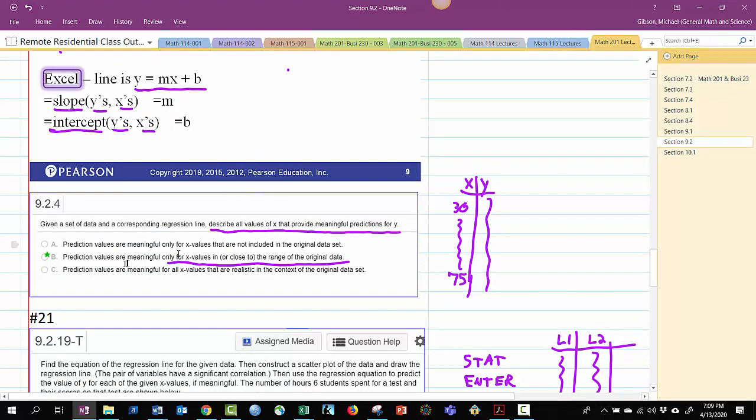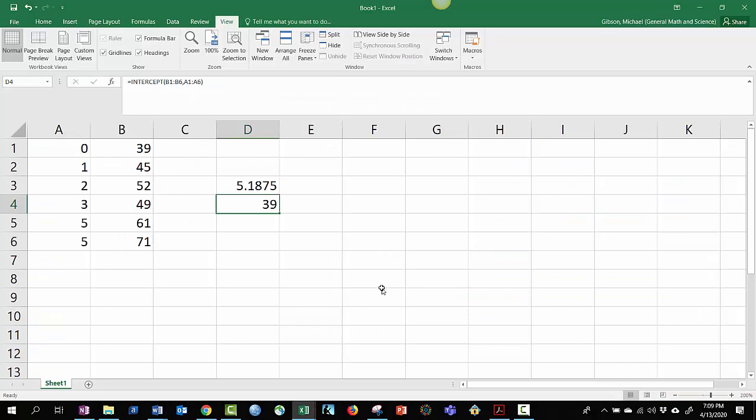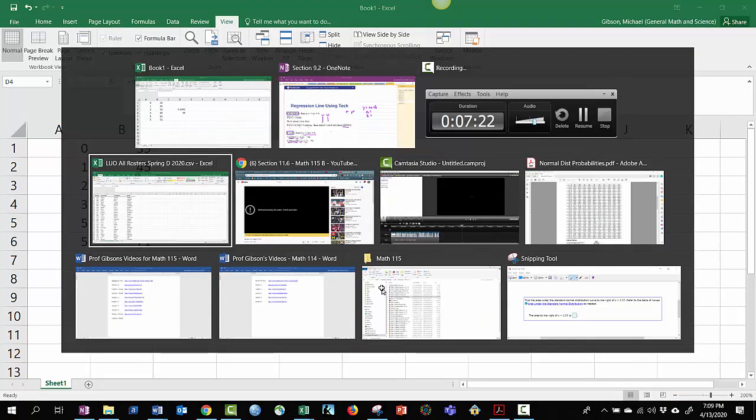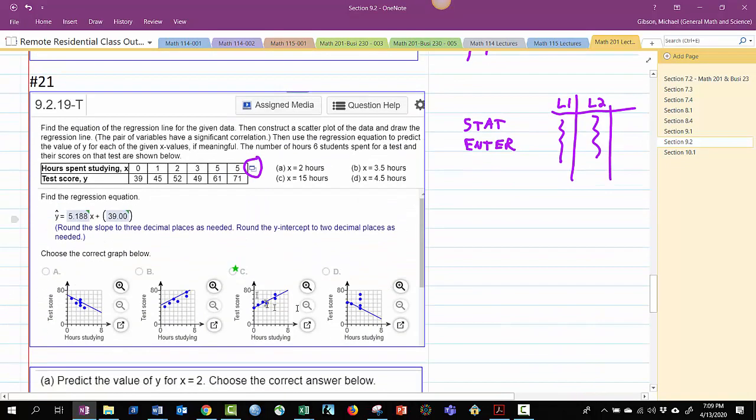Once they're all in, STAT, CALC, LinReg, enter. If you put the x's in L1 and the y's in L2, you won't have to select your lists. Depending on which exact model you have, you may have to hit enter a couple of times. Either way you cut it, we have our regression equation now.